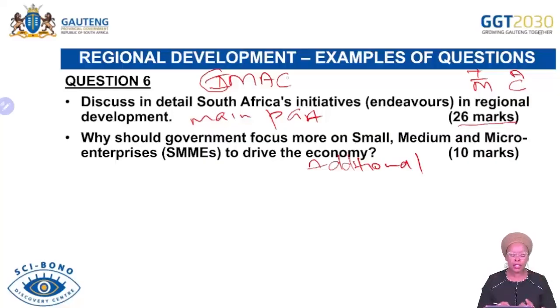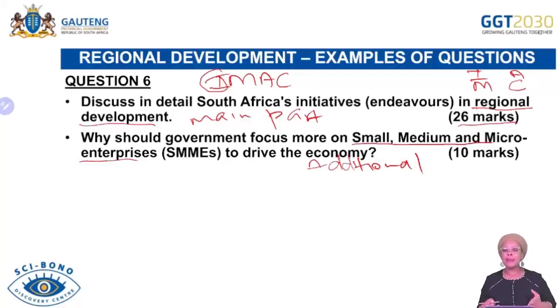So my advice to you is that when you write an introduction, look at the question, look at a concept in the essay. There is regional development. Describe it in the introduction. Explain what is in regional development. Look at the concepts, small, medium, and micro enterprises.